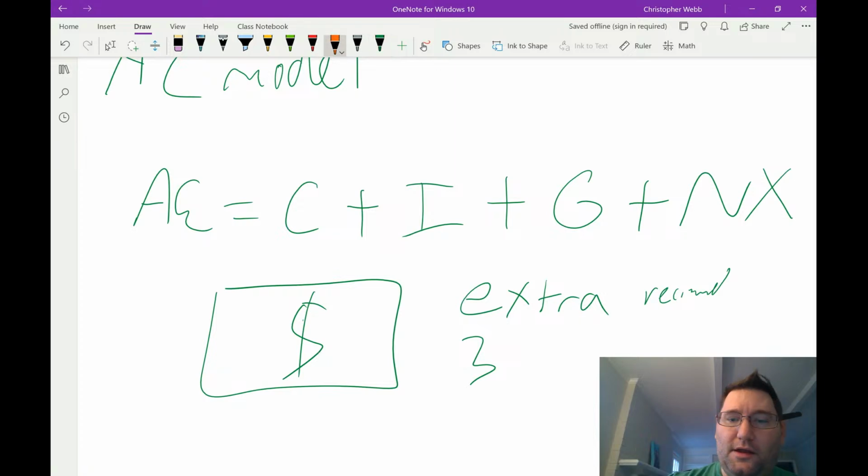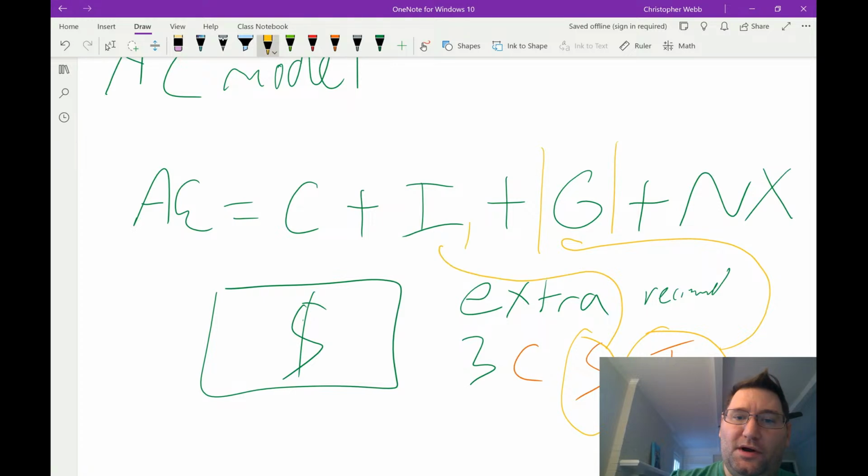They can consume, they can save, or they can pay taxes. So if we look at it, every dollar that goes in either goes into this bucket, this bucket, or this bucket.